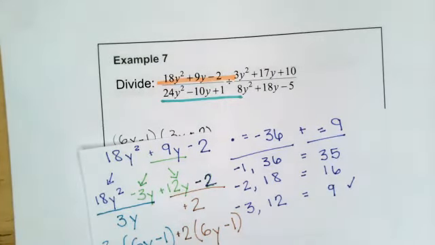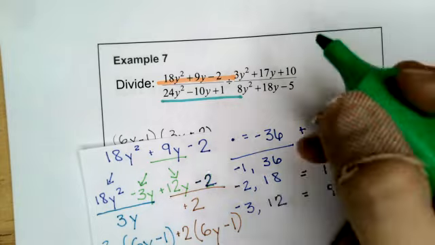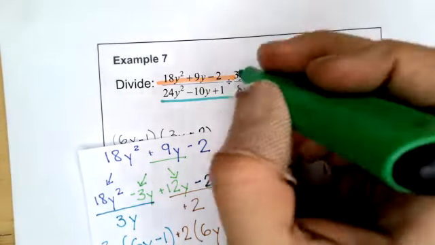Okay. Moving on, we'll go on to 3y squared plus 17y plus 10.